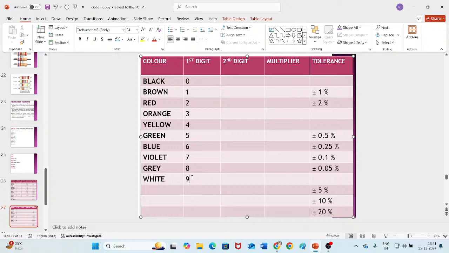It's very easy, isn't it? If you remember BB Roy, Great Britain, very good wife, you can write down the colors in sequence, just 0, 1, 2, 3, 4, 5, 6, 7, 8, 9.